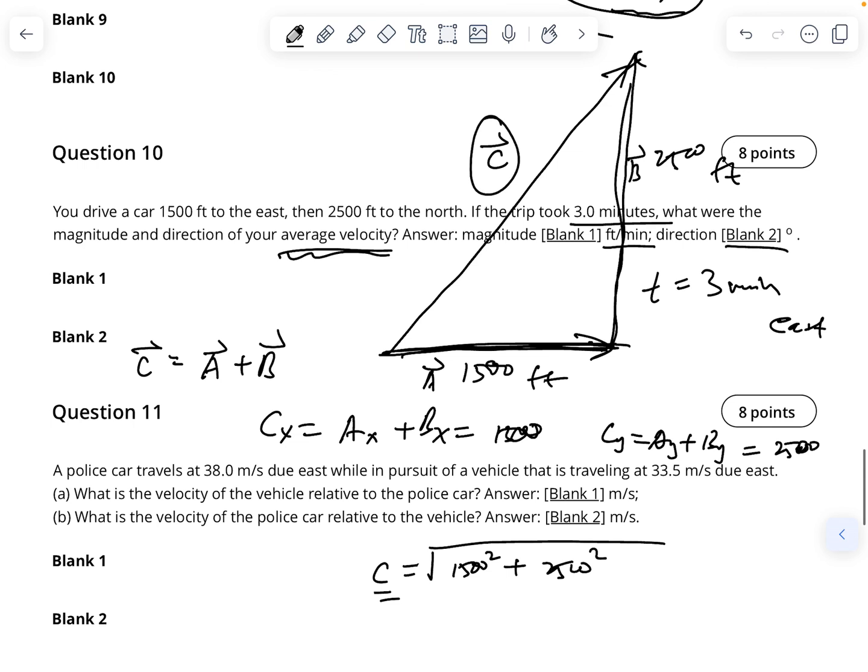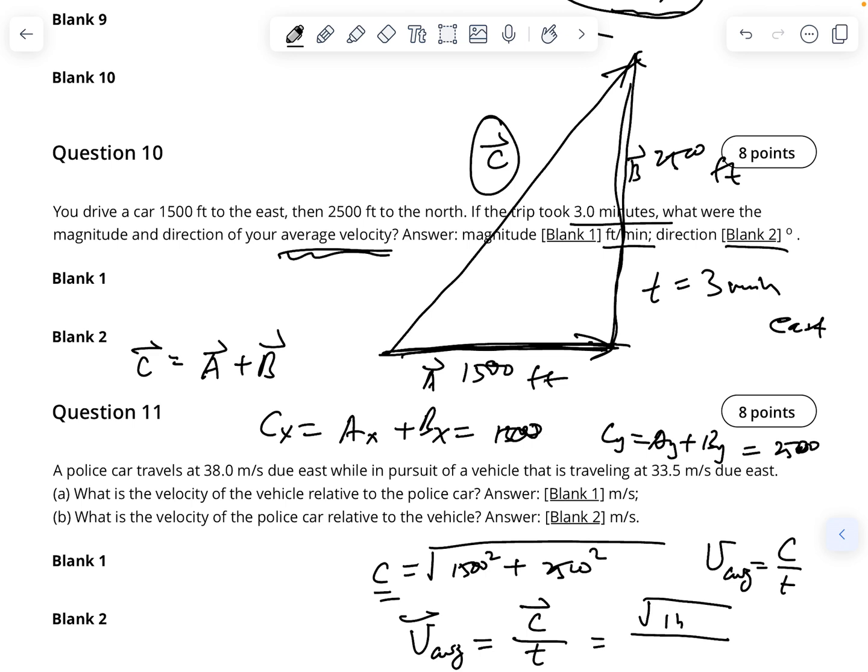The average velocity equals C over time, so the average velocity magnitude equals the C magnitude divided by time, which is this value divided by 3 minutes.